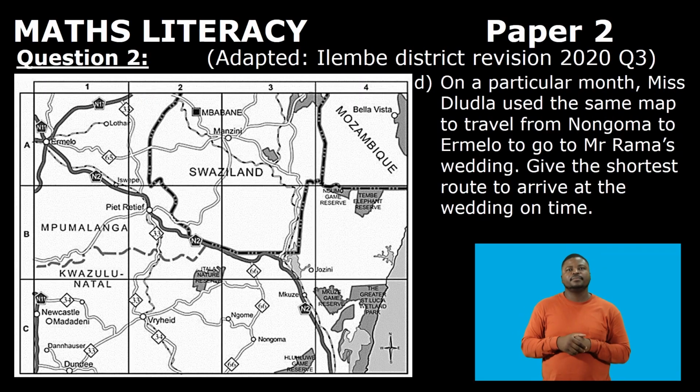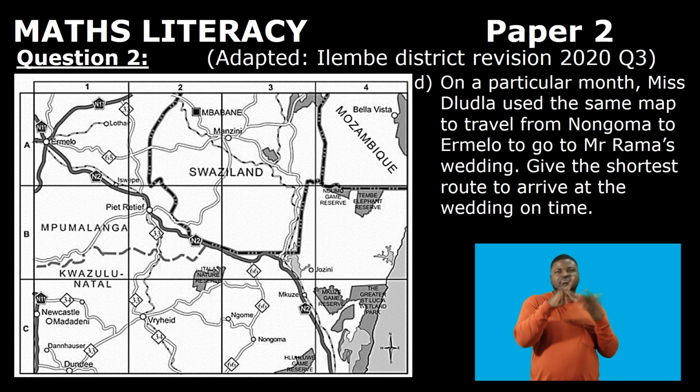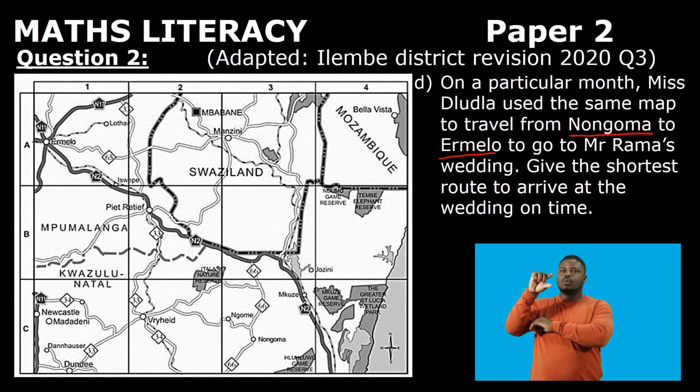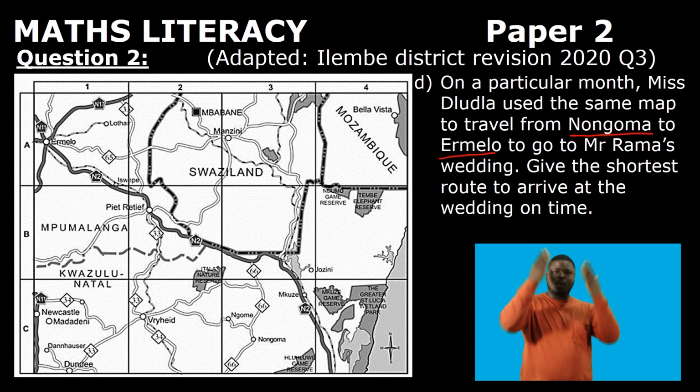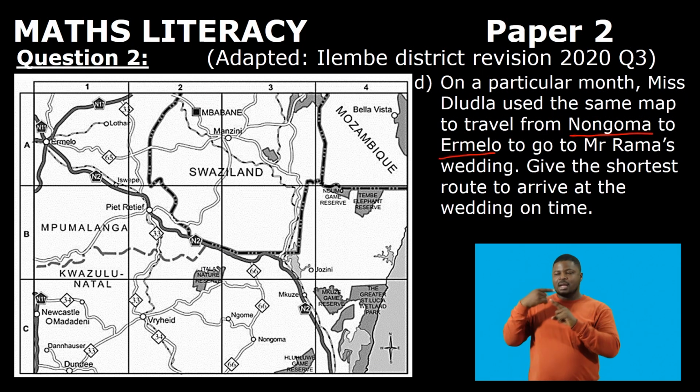On a particular month, Ms. Dudla used the same map to travel from Ngoma to Ermelo to go to Mr. Rama's wedding. Give the shortest route to arrive at the wedding on time. Now remember, most of the time your shortest route will be your national roads.